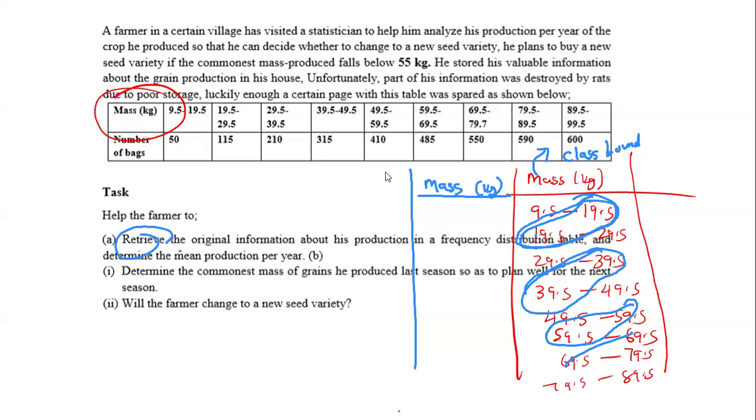So that means here you'll have to go back and know this was 10 to 20, this was 21 to 29, this was 30 to 39, this was 40 to 49, this was 50 to 59, this was 60 to 69.